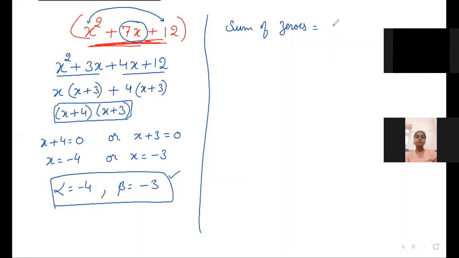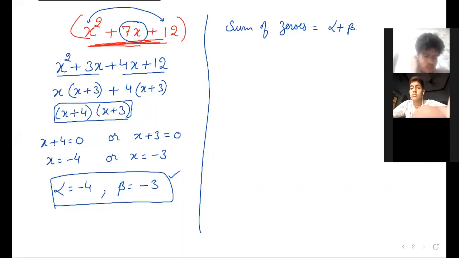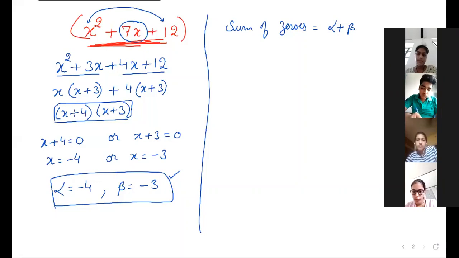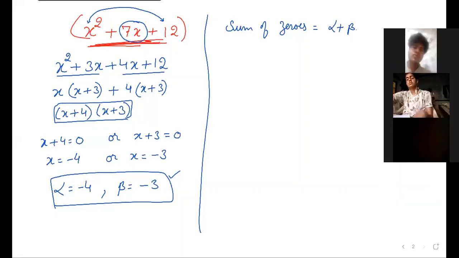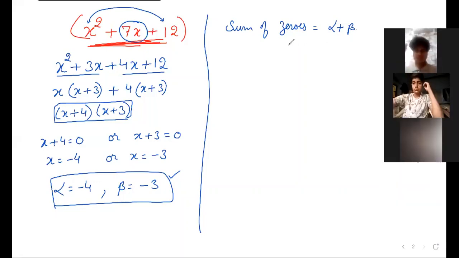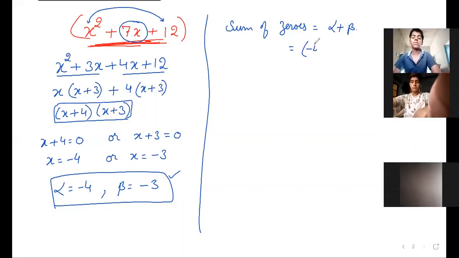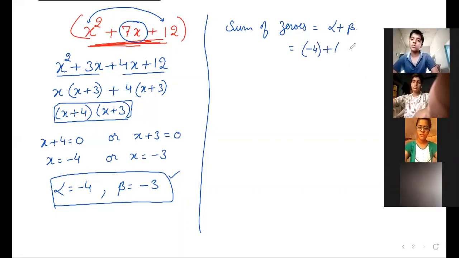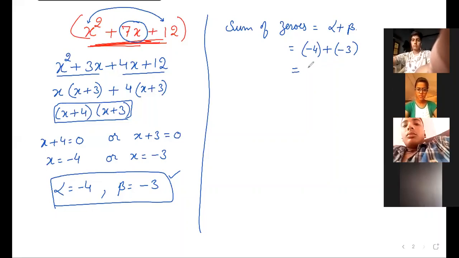Now let us take the sum of zeros, that is alpha plus beta. What will be the sum? Minus 4 plus minus 3. Now what is this equal to?